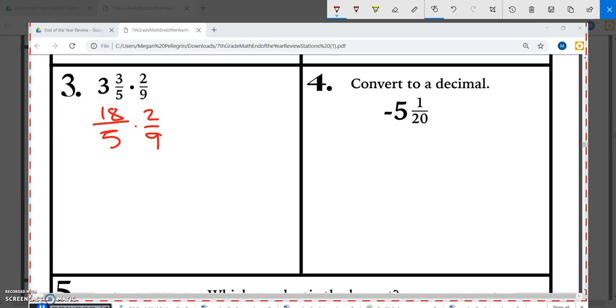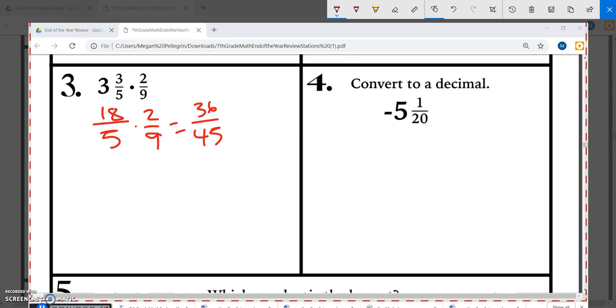So 18 times 2 gives me 36. And 5 times 9 gives me 45. And then I need to think about if that would simplify.